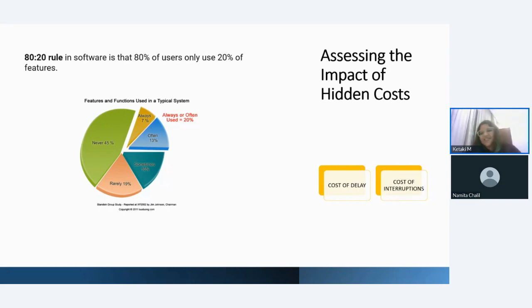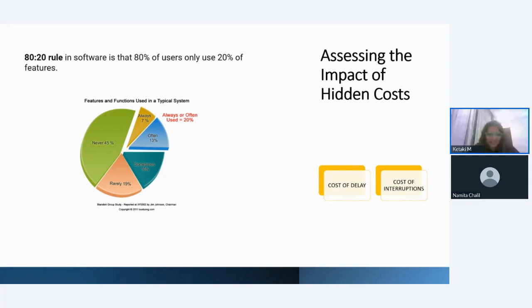So what is really the value that you delivered by delivering the 45% of the features? If this was mitigated, you could have avoided the cost of delay of important features. Those 7% are always and always going to get used and are valuable in today's market.